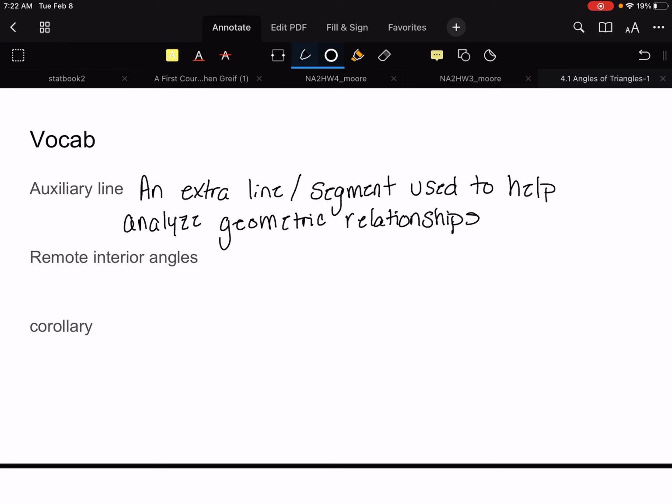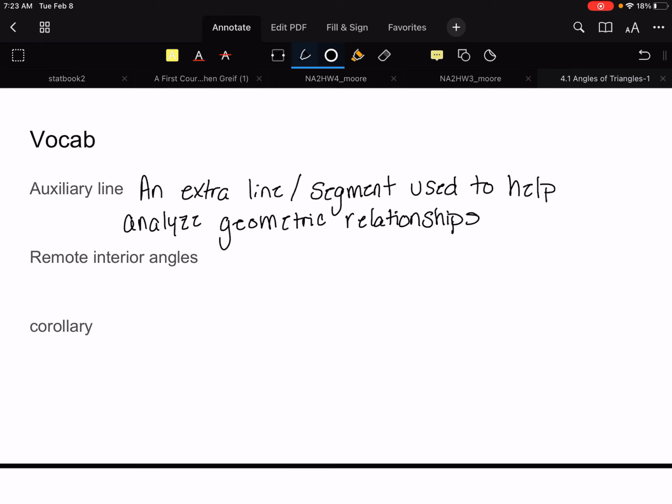So basically it's an extra line that we would use to try and find the angle for some part of the triangle that we don't know, or square, rectangle, whatever shape it might be.